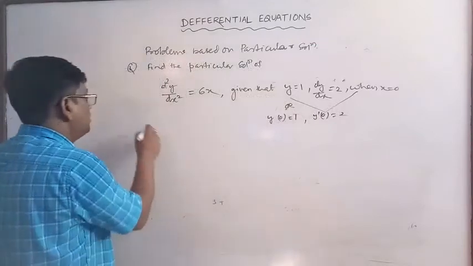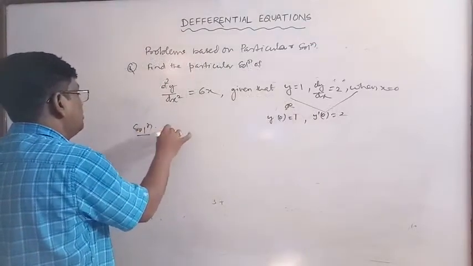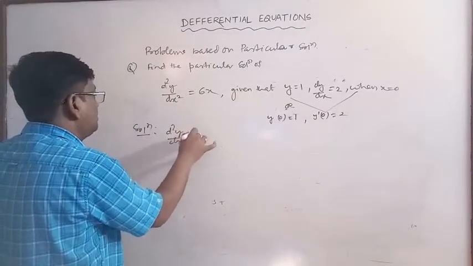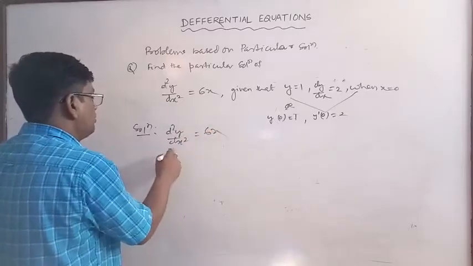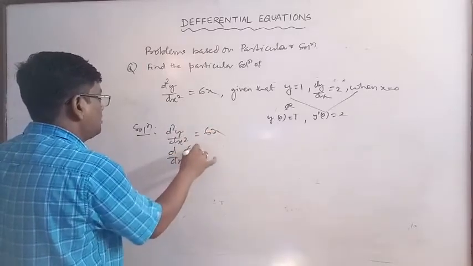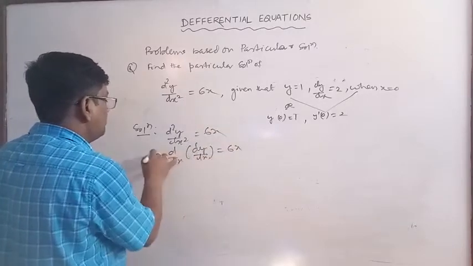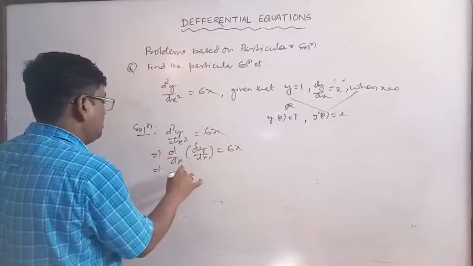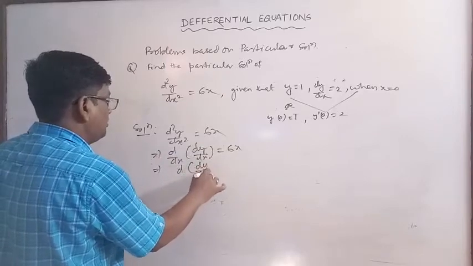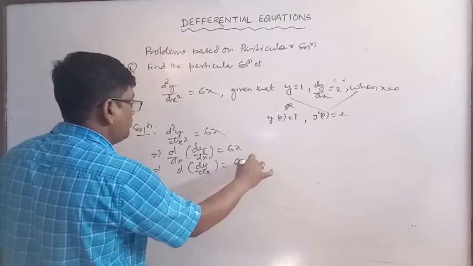Now the solution is d square y by dx square is equal to 6x. So we can write d by dx of dy by dx is equal to 6x. So d of dy by dx is equal to 6x into dx.